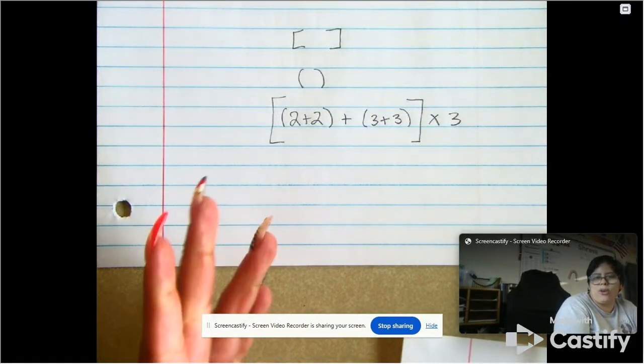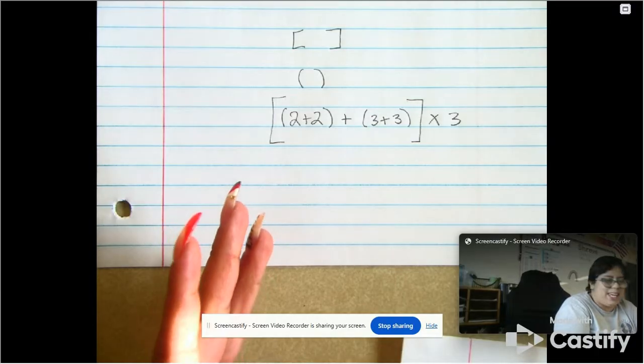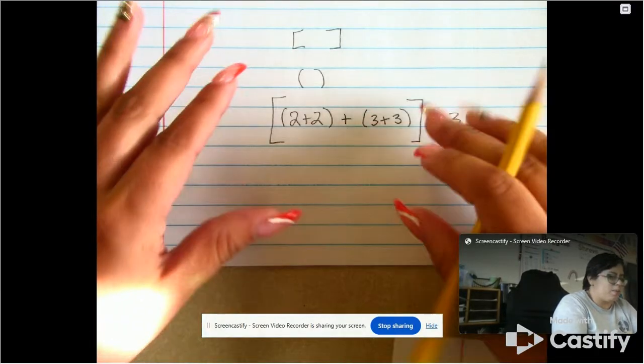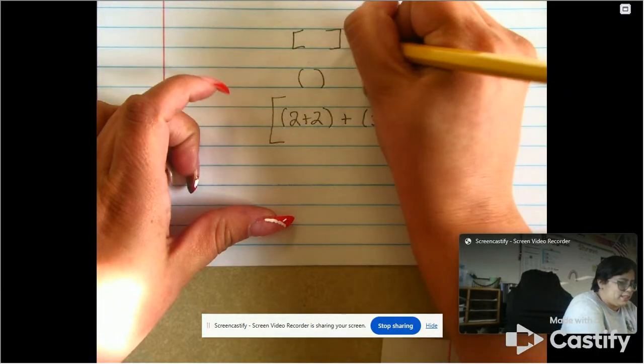This is a form of an equation that you would see. And what this means is, so these are your brackets. That's what these are called, brackets.